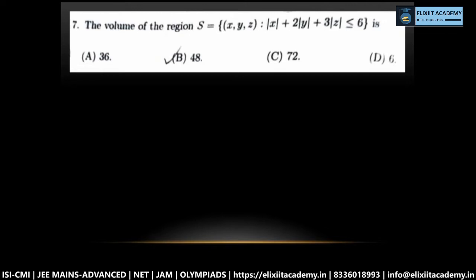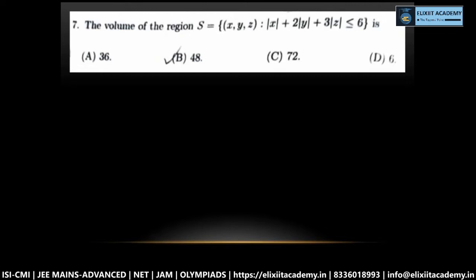First of all, it's a question of 3D. Basic 3D. Quite a few times we have done this inequality in 3D, mod of x plus mod of y, like this. You have done some inequalities in 2D, this type of inequality. The same thing they have given in 3D.